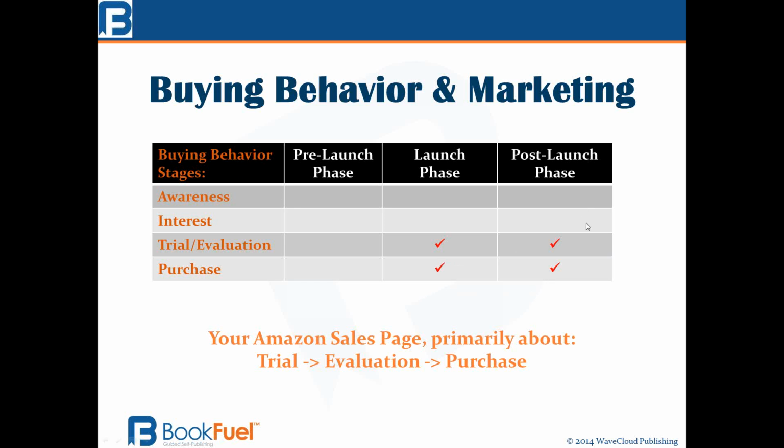Everything we're going to talk about today falls in the later two phases of your marketing, the launch phase and the post-launch phase, and in the last stages of buying behavior. So everything we do today, with the exception really of interest, is about improving trial and evaluation and purchase so that you can sell more books from Amazon.